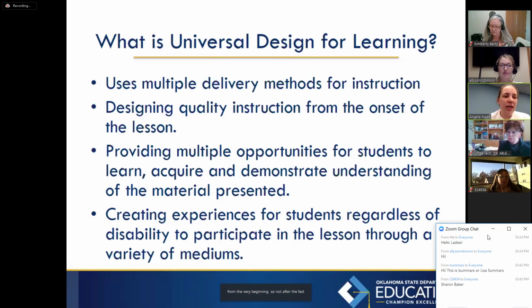Yes, sometimes you can adapt and adjust as necessary, but it's quite helpful to be mindful about how I will know students will be learning the information and how I want them to be engaged. It also provides multiple learning opportunities for students to demonstrate the material presented and has opportunities for them to be participants in the lesson through their own experiences or preferences.